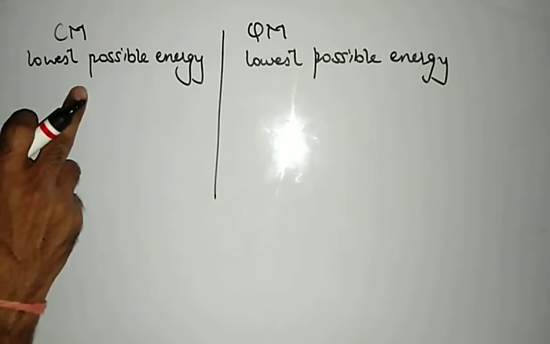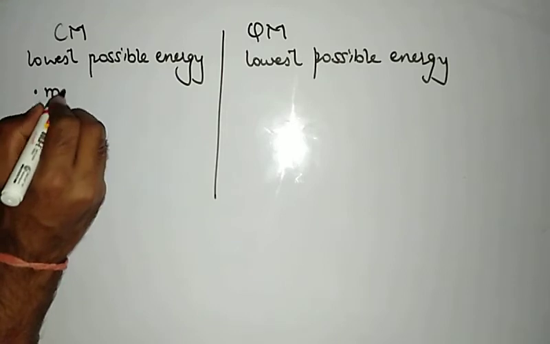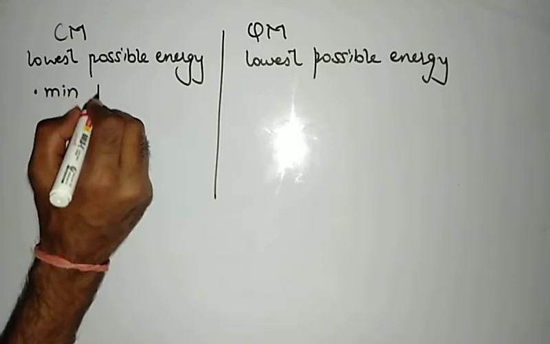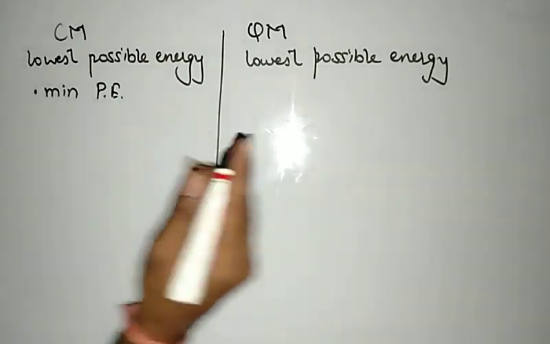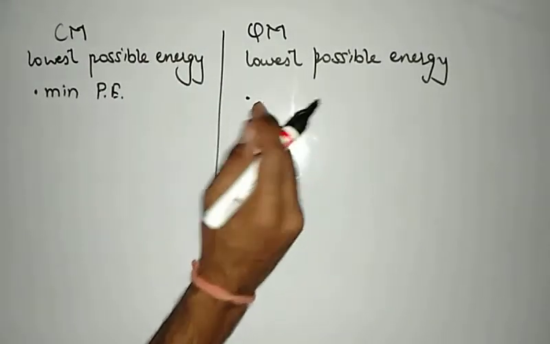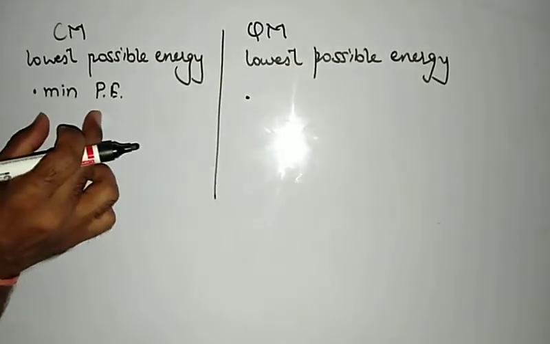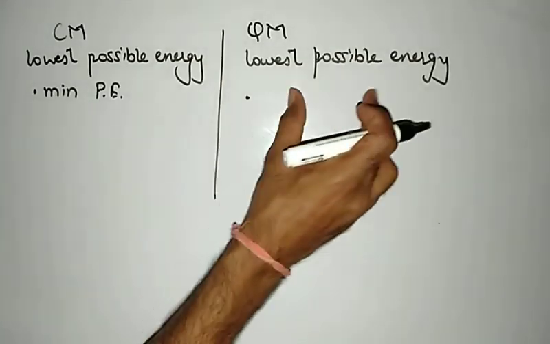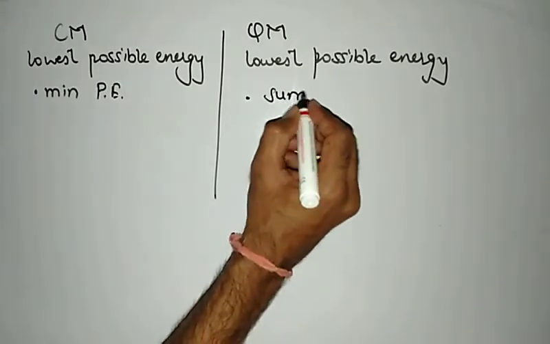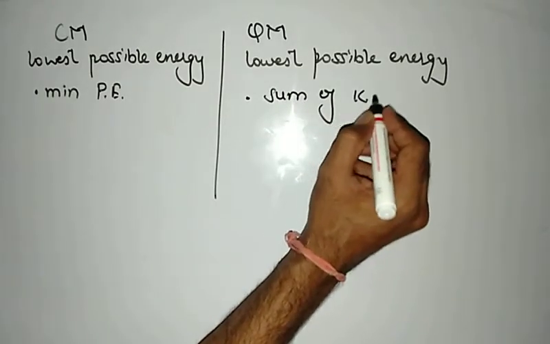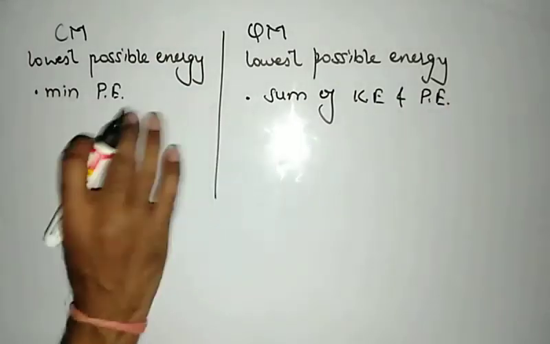Here, this is the minimum potential energy, but in the quantum case the lowest possible energy is not only potential energy, but the sum of kinetic energy and potential energy. Very important point.